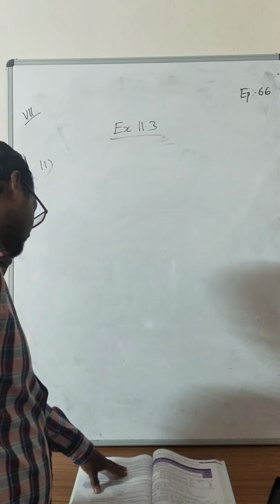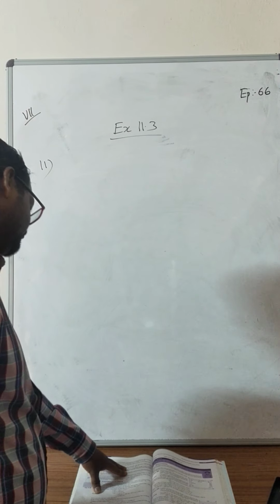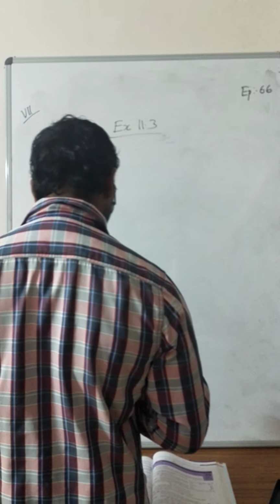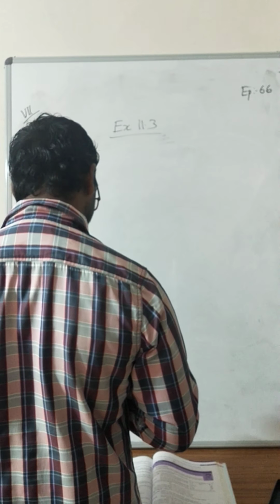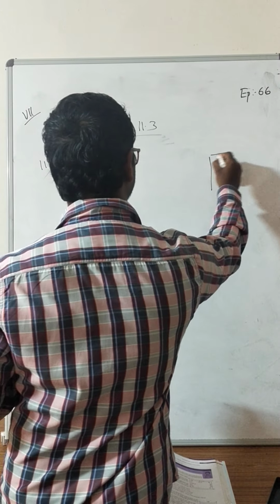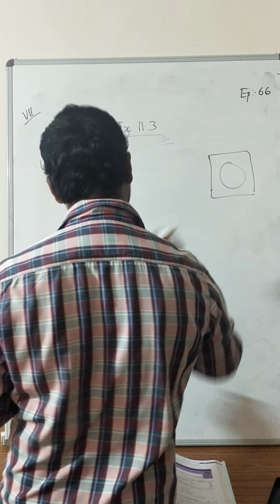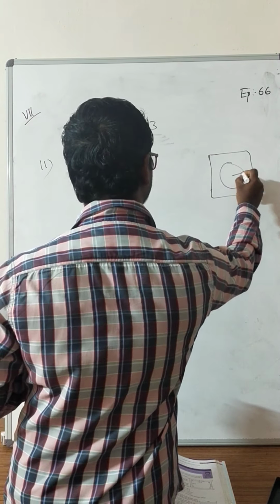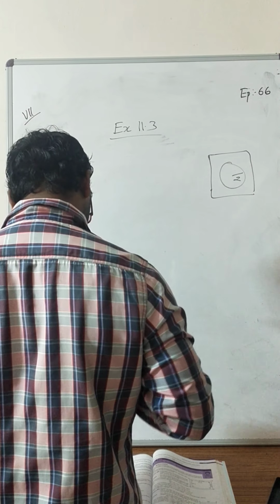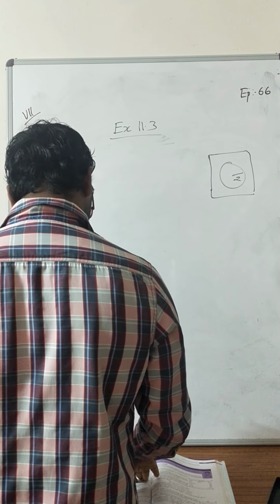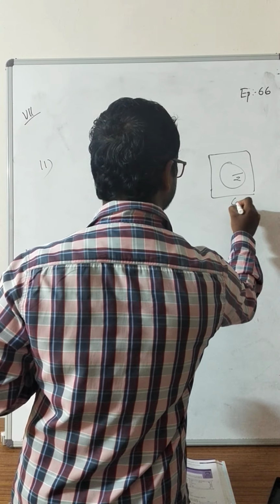What is the area of the leftover aluminium sheet? So we have a square piece like this. Inside this we have cut a circle of radius 2 cm. The aluminium sheet has a side of 6 cm.